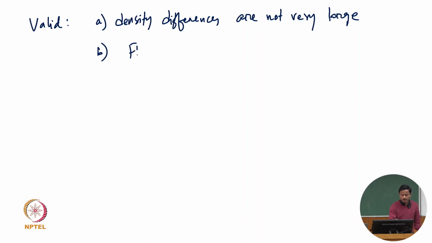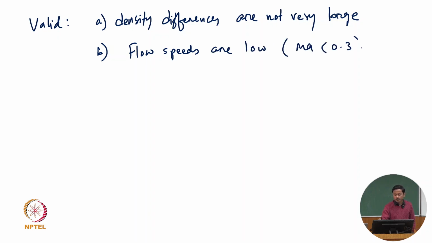The flow speeds are less. That means if your system has a very high temperature gradient or very high salinity gradient, your Boussinesq approximation will not be valid, and you'll have to use the full momentum equations and not the reduced form that is given by the Boussinesq approximation.